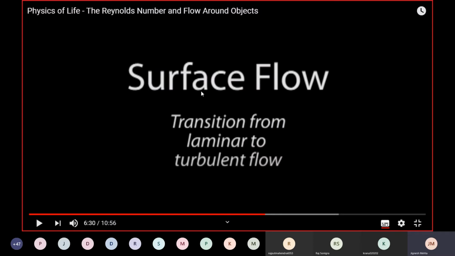Okay, so here what he is showing is at what point the separation occurs, right? That is the most important part of this demonstration.